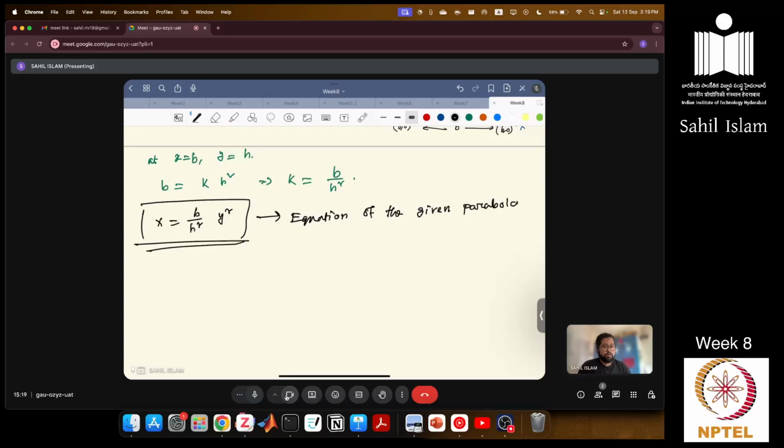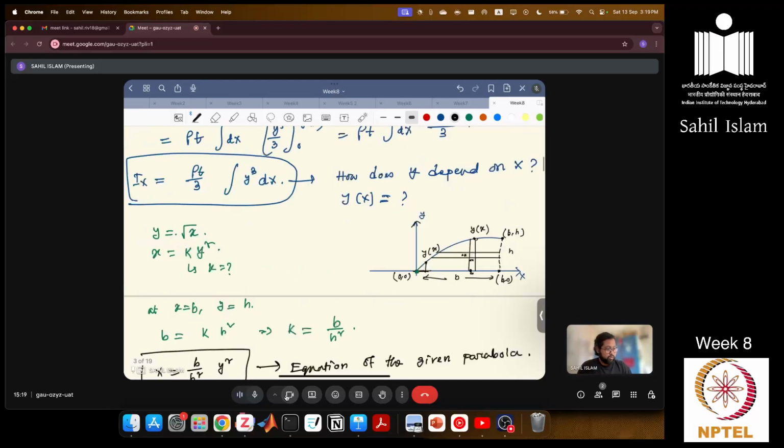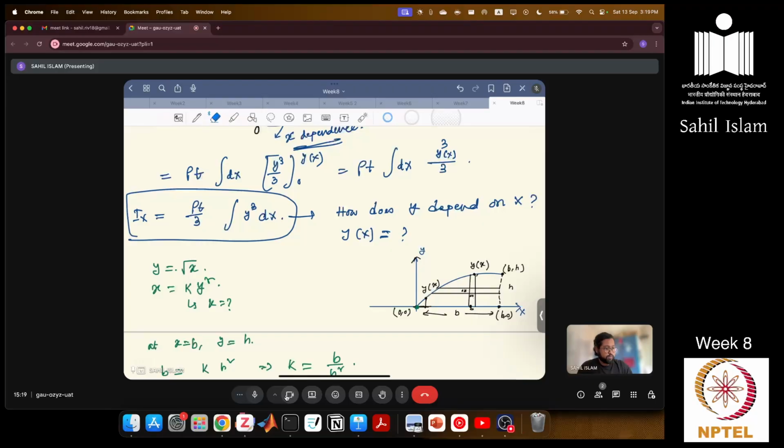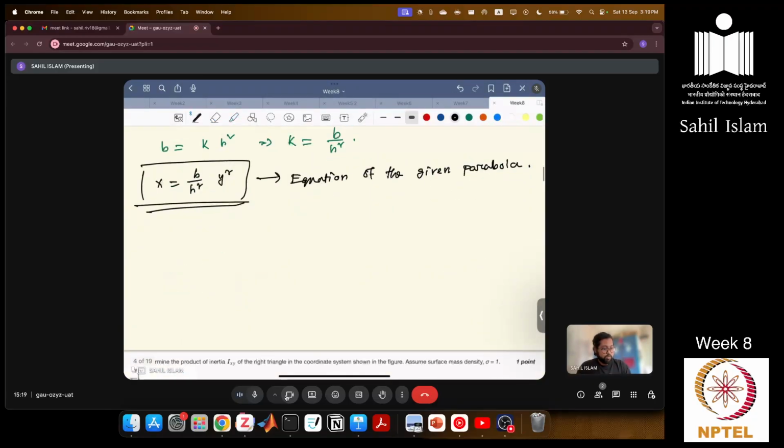Fine. Now we have to find out what y cube is. So from here we can write y square equals h square by b x, right?